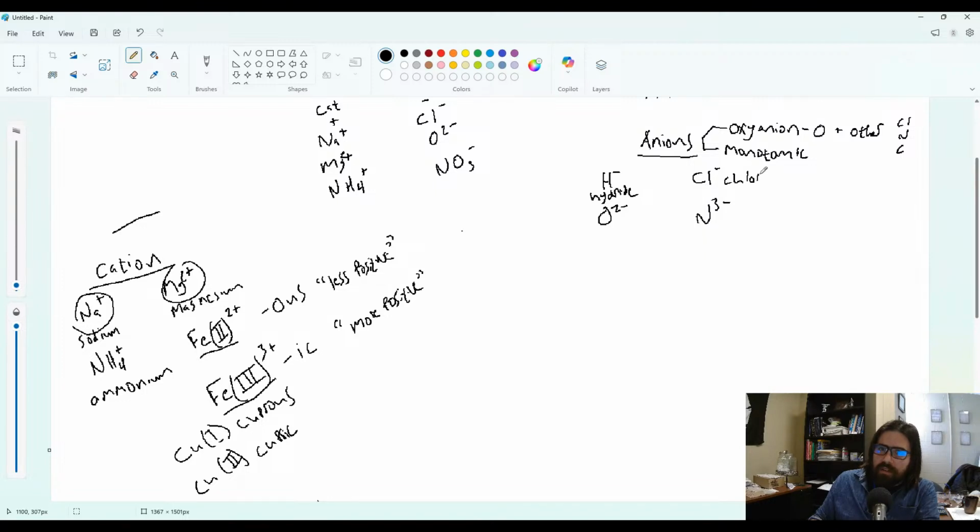Oxygen goes to oxide. Nitrogen goes to nitride. In each of these instances, again, this is specifically for monatomic ones, right? All you got to do is cut off the end and replace it with "ide." So this is where we get our chlorides, fluorides, bromides, iodides, all these kinds of things. Okay, so that's not too bad.